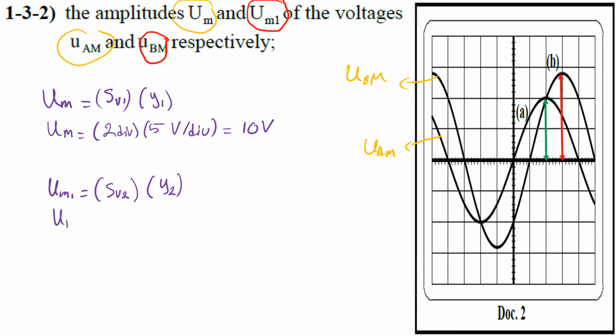So UM1 is equal to, we have 1, 2, and this one, if you take it on a scale, you will get 0.8. So it is 2.8 multiplied by the sensitivity, which was 0.5, and we get 1.4 volts. This is for the calculations of UM and UM1.